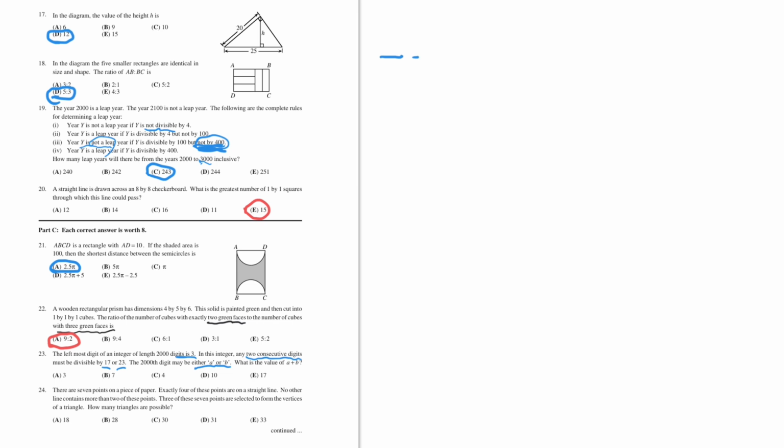So we have the 2000 digits, 1, 2, 3, and we continue on to all 2000 digits. Any 2 consecutive digits must be divisible by 17 or 23. Numbers divisible by 17 are 17, 34, 51, 68, 85, and that's it.